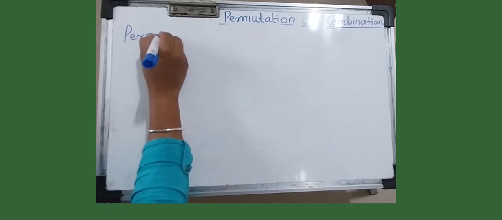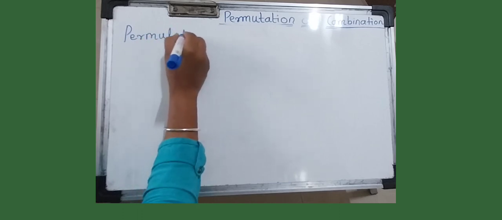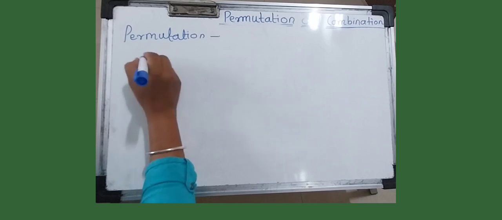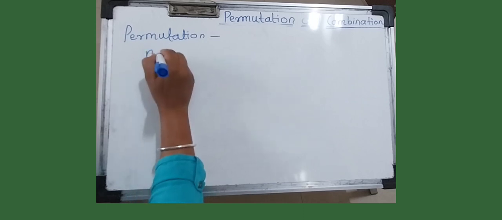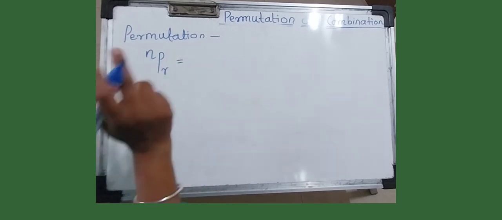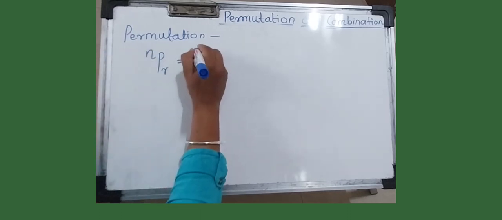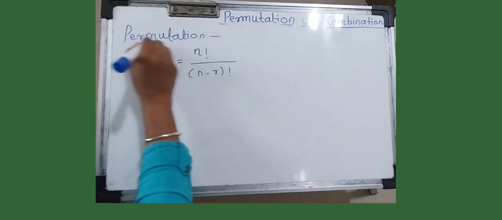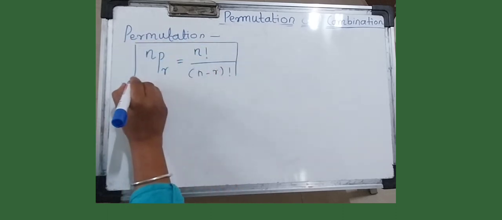Now, we'll go for permutation. Okay, first topic is permutation. Okay. See, permutation nPr. Okay, this is the notation for permutation, and the formula is n factorial upon (n minus r) factorial. This is the formula for the permutation.